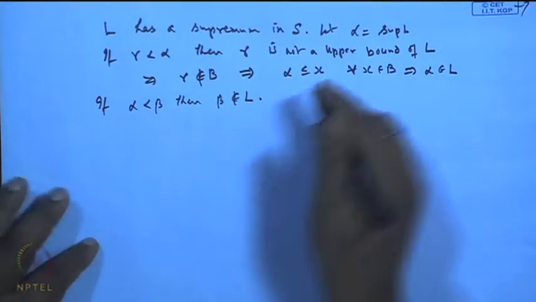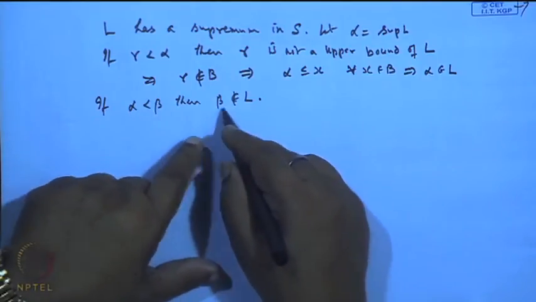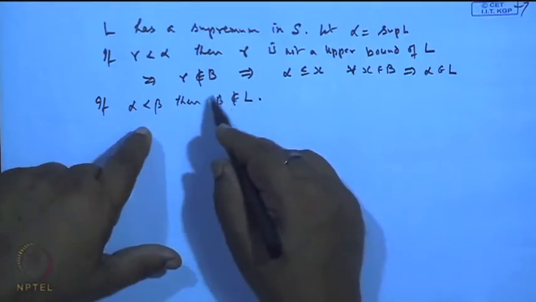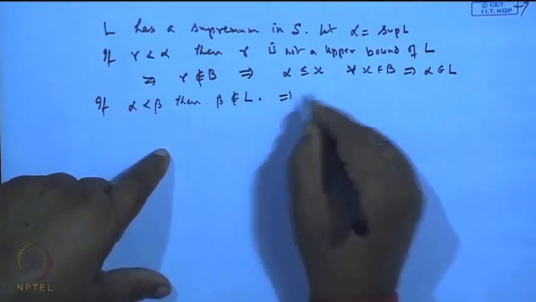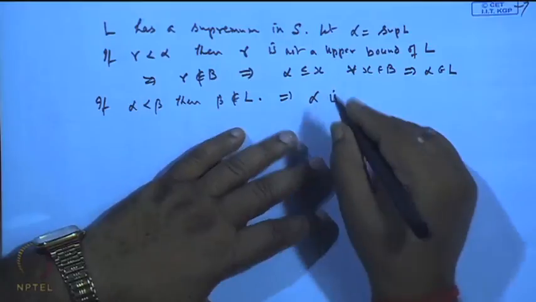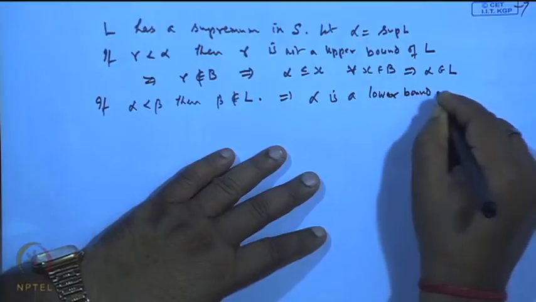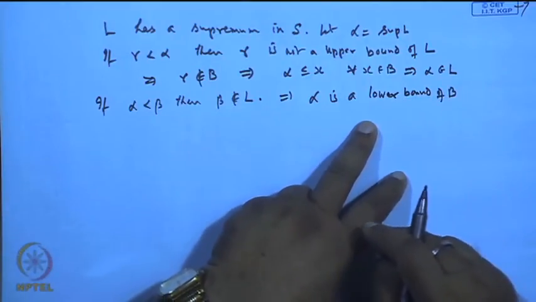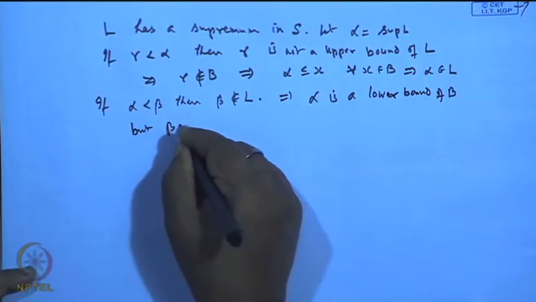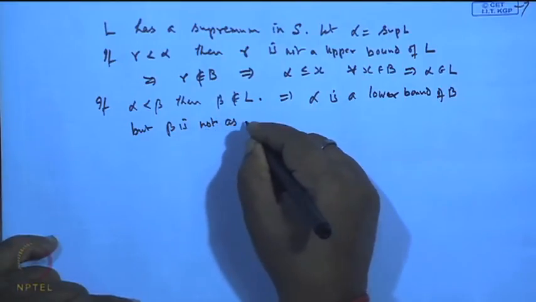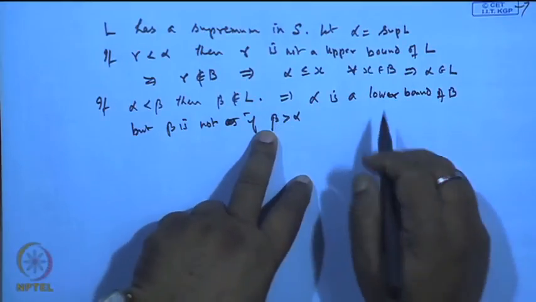Then this beta, which is greater than alpha, will be in B. In other words, alpha will be the infimum of B. So this shows alpha is a lower bound for B, but beta is not, as beta is greater than alpha, it will not be a lower bound, because alpha is the greatest lower bound.